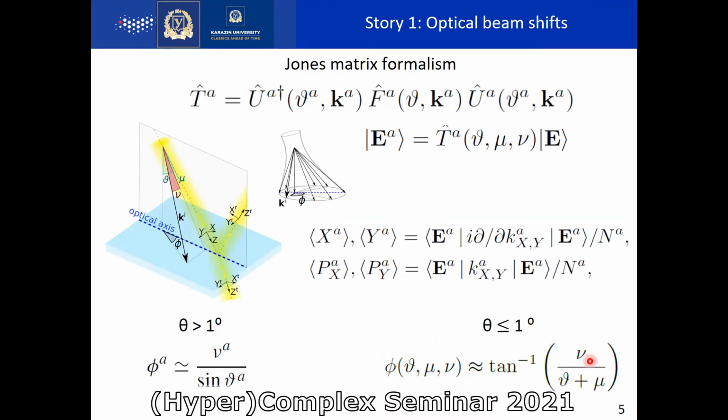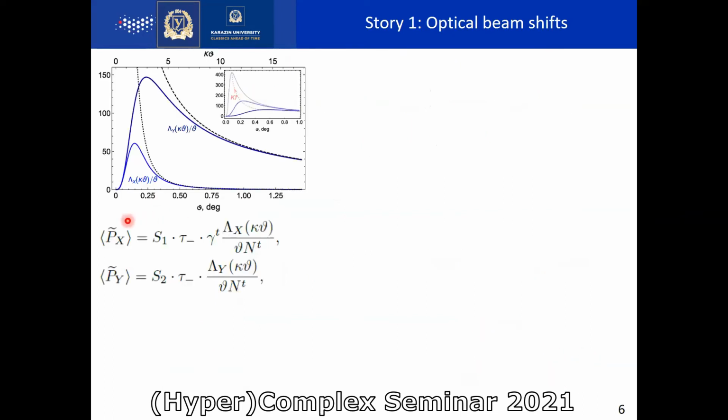So both shifts will follow the same nature. We can see it here, for instance, the final formulas for the shifts are the following. This is the Stokes parameter, so this is polarization. Tau is some material parameters, and there is some angular dependence described by these functions, which are pretty much the same.